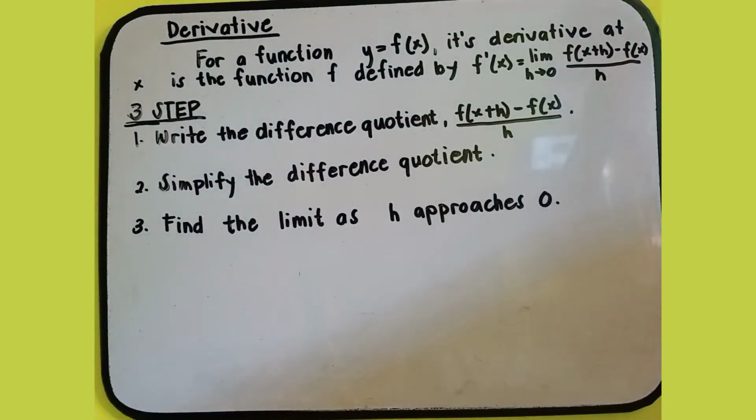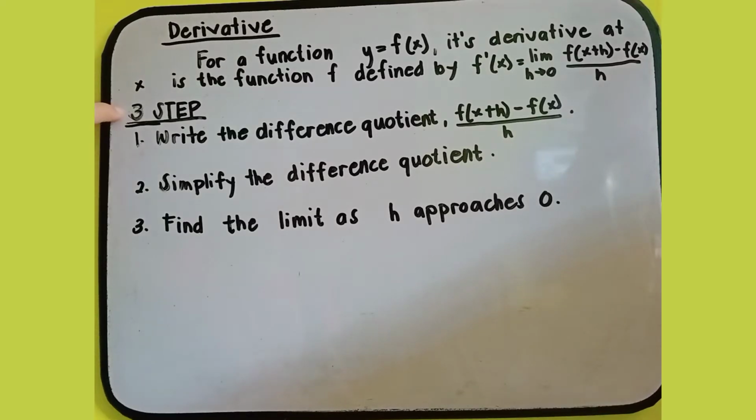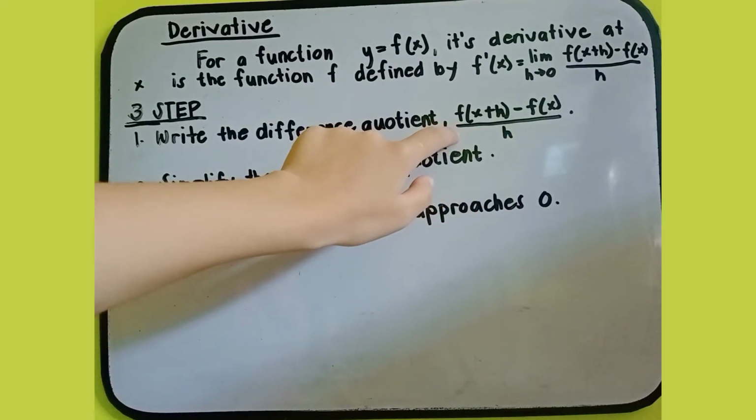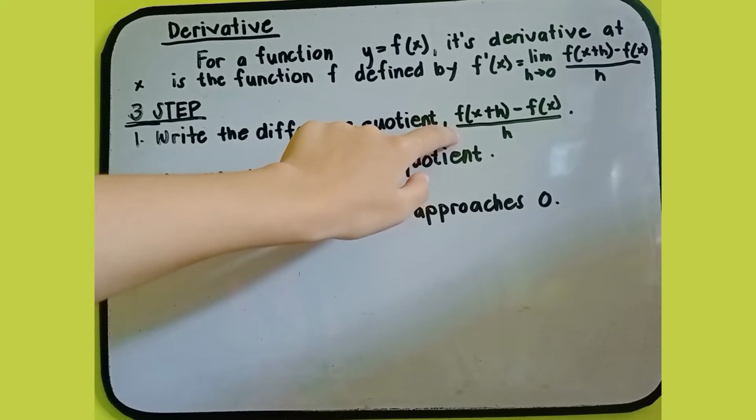In calculating the derivative of a function, we will follow the three-step rule. The first one is to write the difference quotient. We will use the formula f of x plus h minus f of x over h.